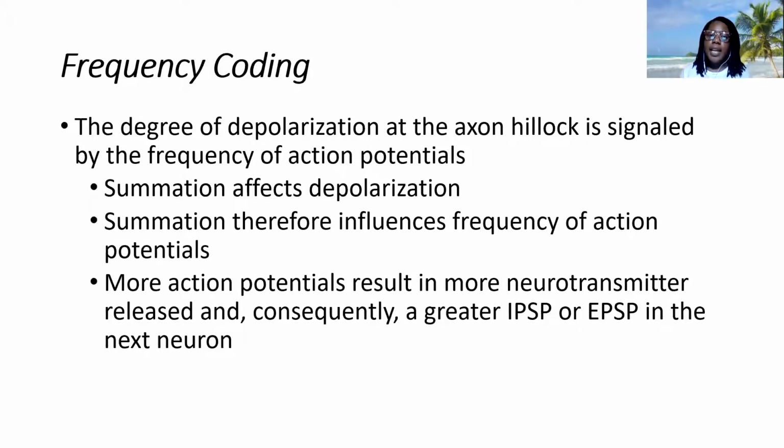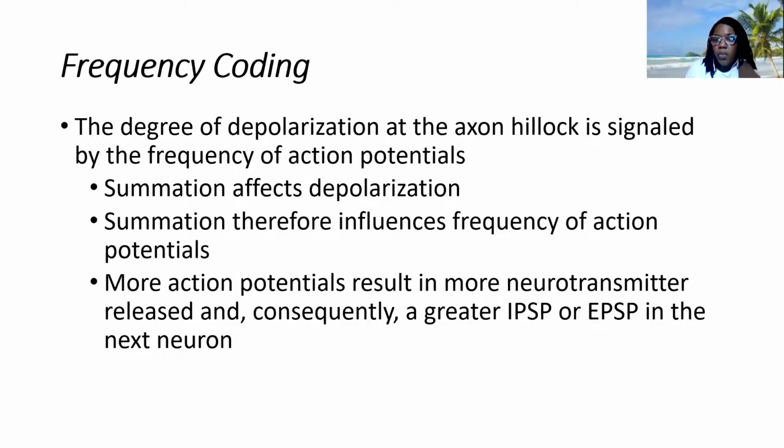Summation can influence frequency of action potentials, because if we're getting closer to the threshold more frequently, because we're adding those graded potentials together, then that is going to generate more of those action potentials and more neurotransmitter, which is going to make a greater IPSP or a greater EPSP on the subsequent neuron.